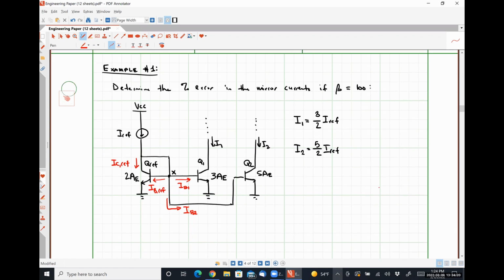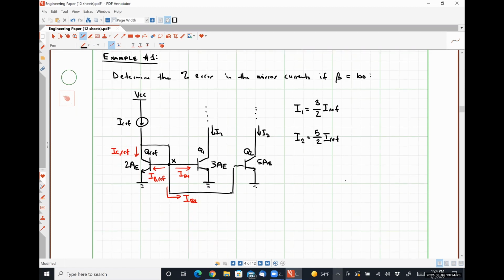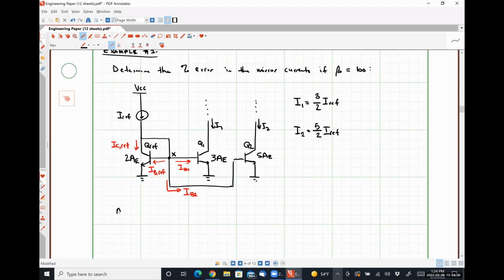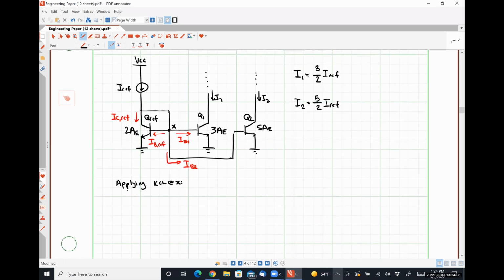All right, so if we apply KCL at node X, what we find is that IREF is equal to ICREF plus IBREF plus IB1 plus IB2.